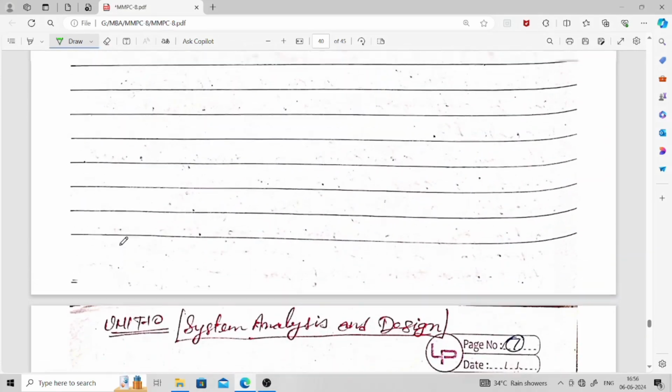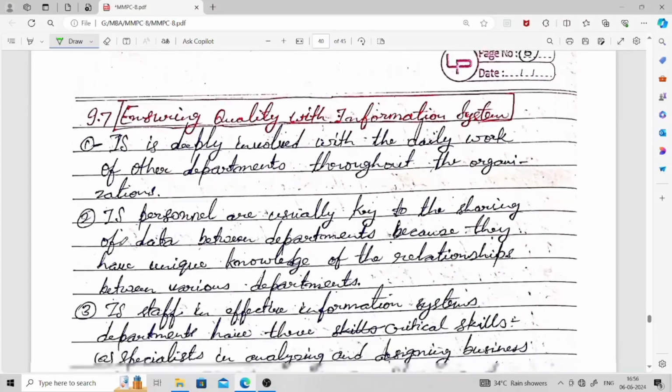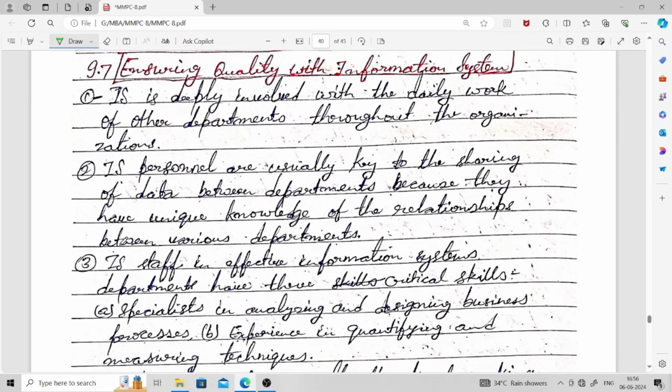Now, the last point, ensuring quality with information systems. How can we ensure quality with the information system? First, the information system is deeply involved with the daily work of other departments throughout the organization.